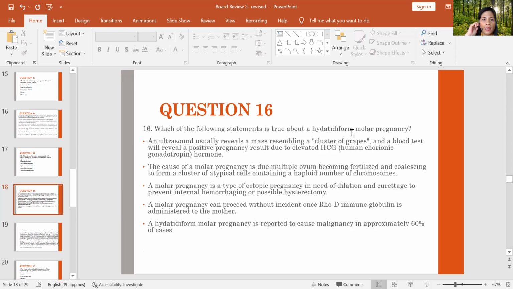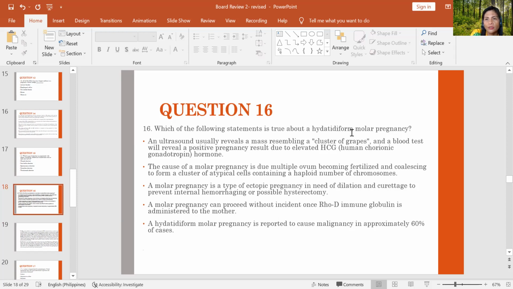What is the correct answer for this? It is an ultrasound usually reveals a mass resembling a cluster of grapes, and a blood test will reveal a positive pregnancy result due to elevated HCG, or human chorionic gonadotropin hormone.